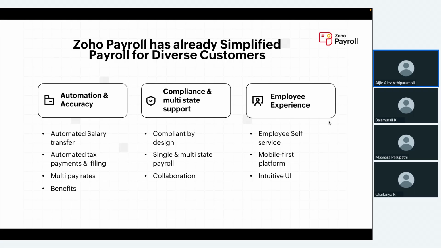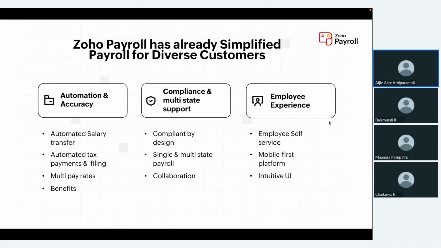Second, compliance and multi-state support. The platform is compliant by design and can seamlessly manage both single-state and multi-state payrolls. It also facilitates collaboration between HR and finance teams, making compliance less stressful for you. Thirdly, employee experience, one of the most important sections.